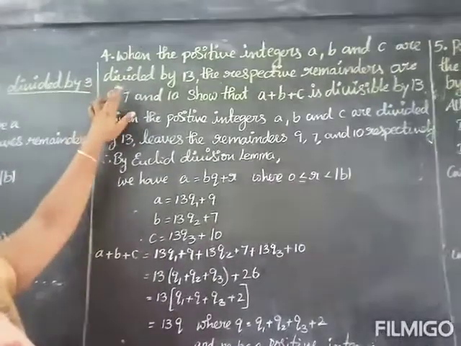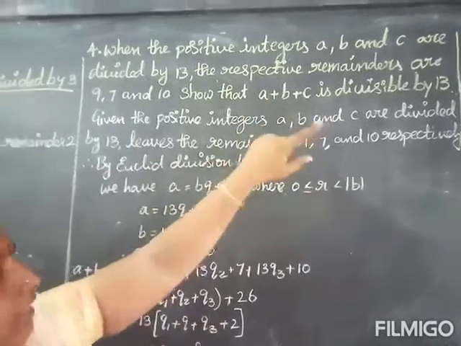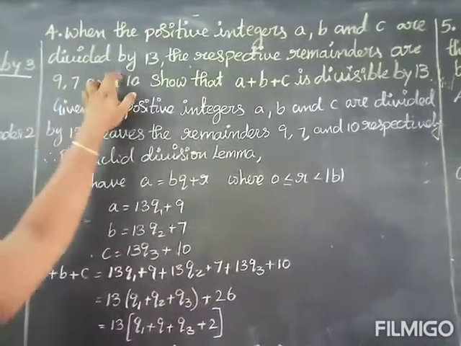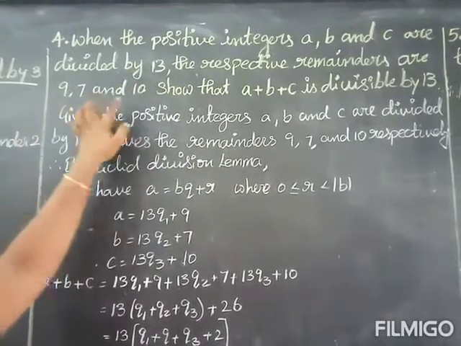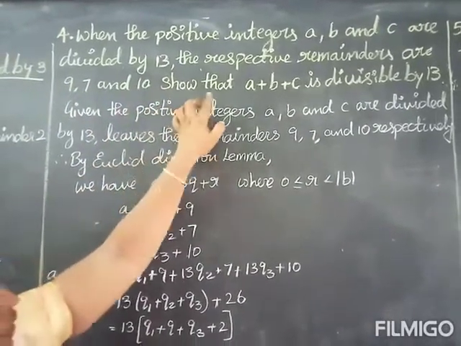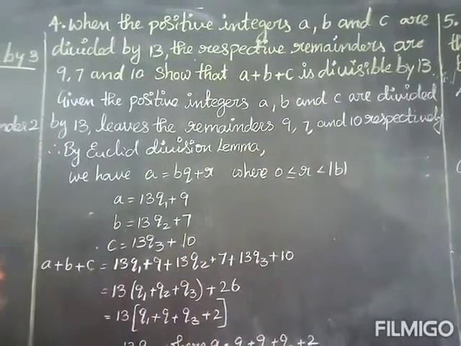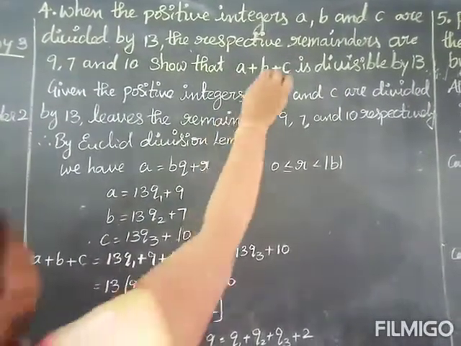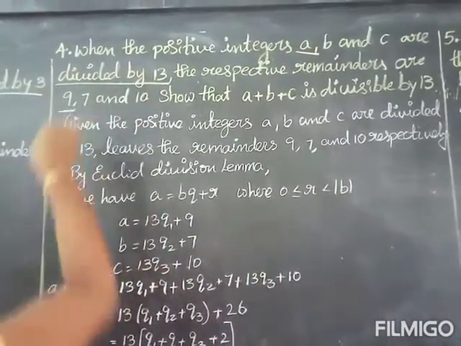Fourth sum. When the positive integers a, b and c are divided by 13, the respective remainders are 9, 7 and 10. Show that a plus b plus c is divisible by 13. So here the number a, if it is divided by 13, leaves the remainder 9.